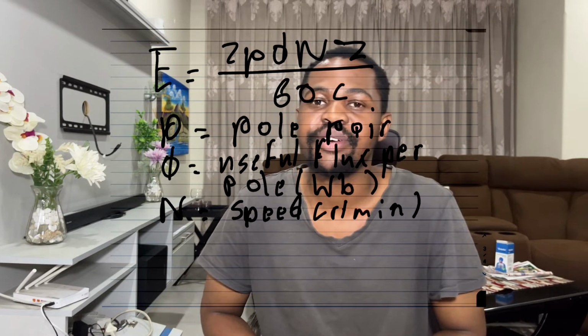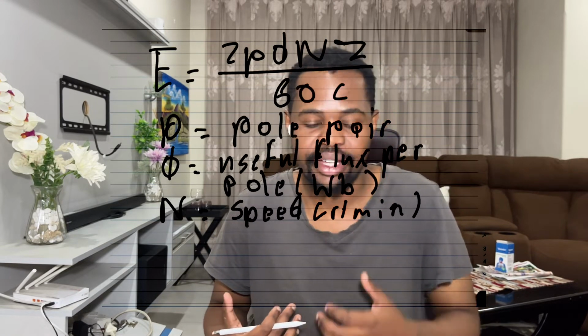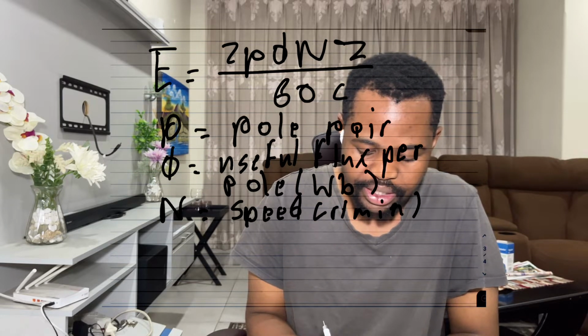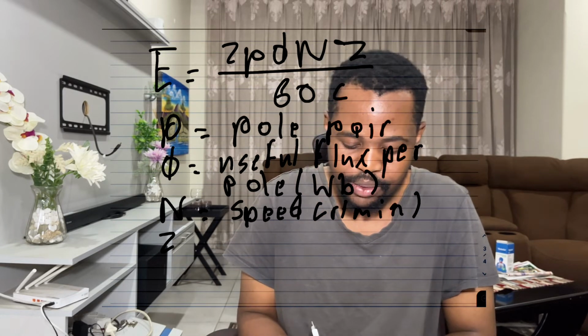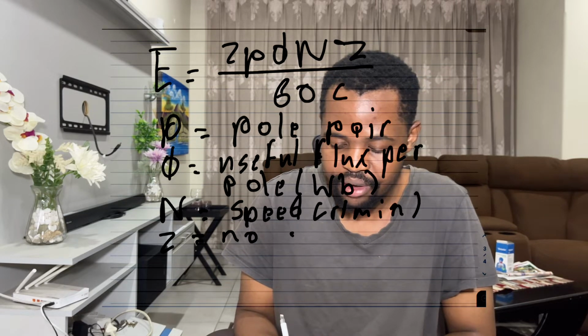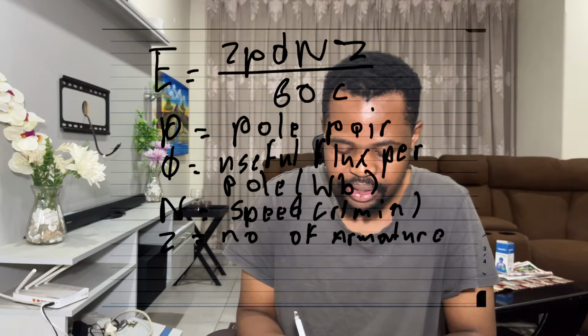In the case of a motor, this is the speed at which the motor is running. Then the next quantity is Z, which is the number of armature conductors.